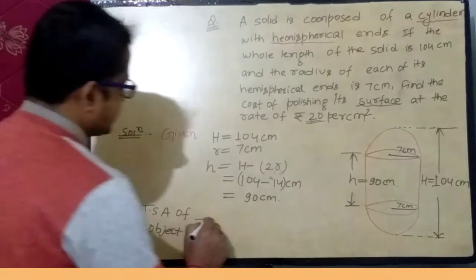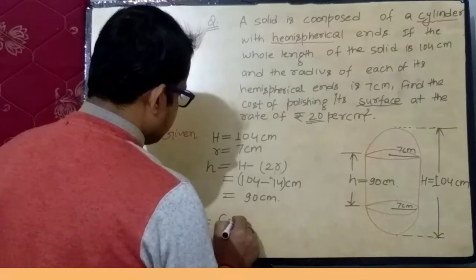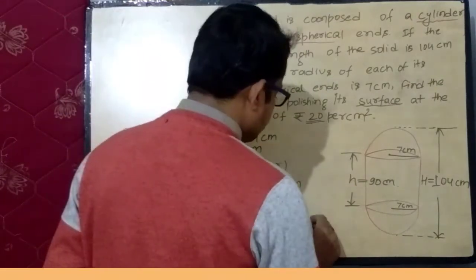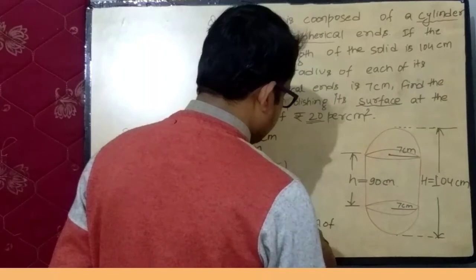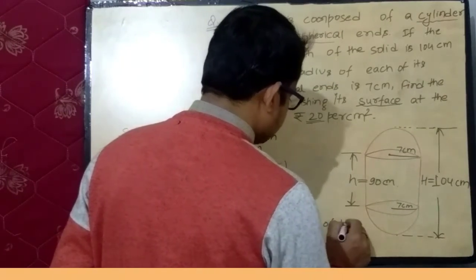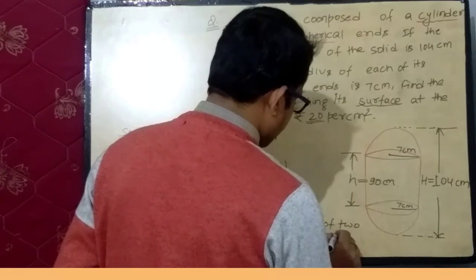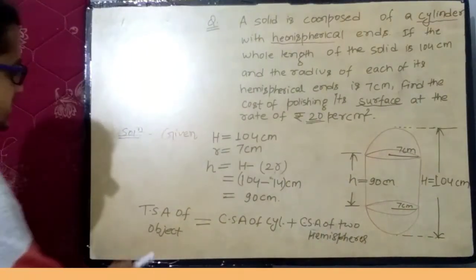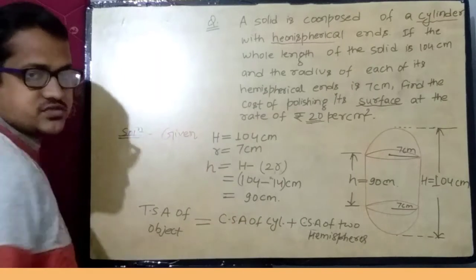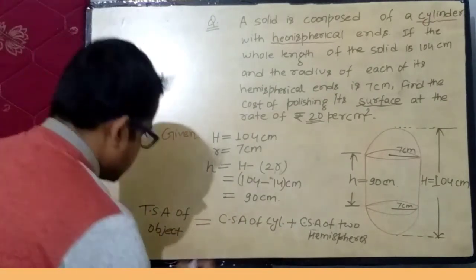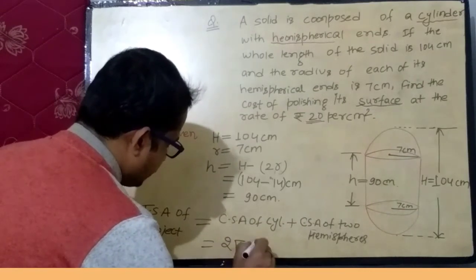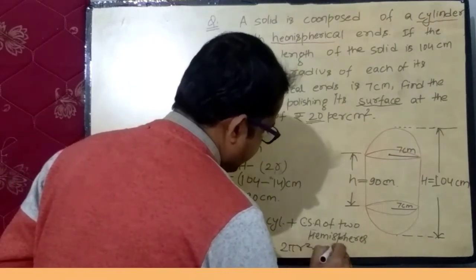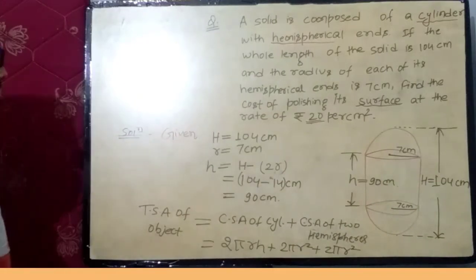Now simply use the formula and calculate the total surface area of the object. It equals CSA of cylinder add up CSA of 2 hemispheres. CSA of cylinder is 2 pi r h, add up 2 pi r square, add up 2 pi r square. Now solve it.